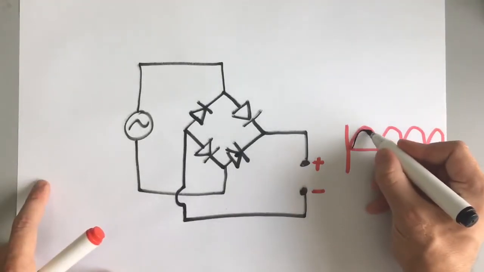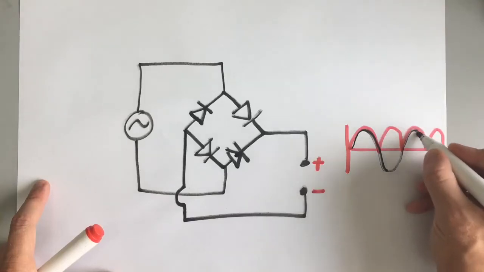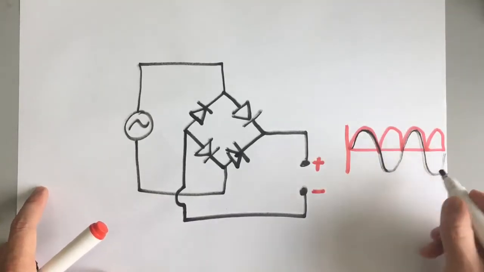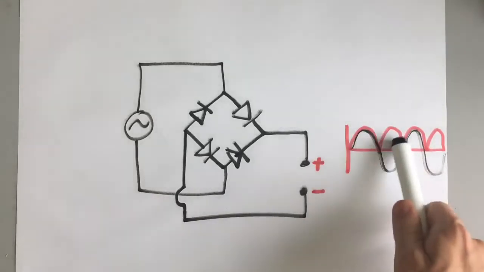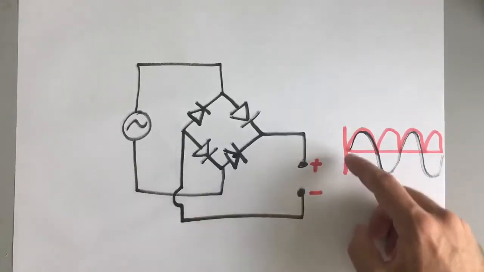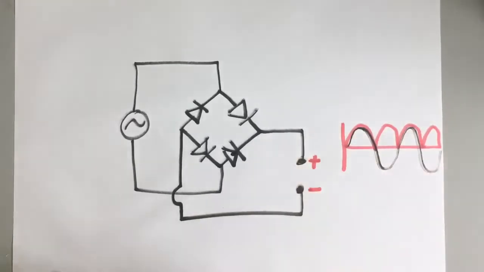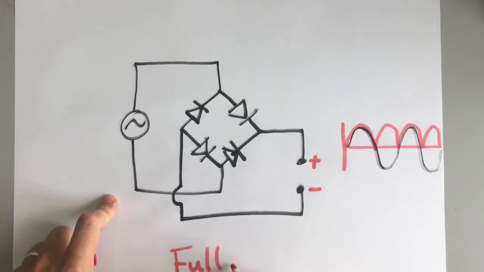If this is the original AC, both positive and negative parts turn into positive parts of the wave. So you get this kind of lumpy effect on the wave. Now that is called full wave rectification, a full wave rectifier.